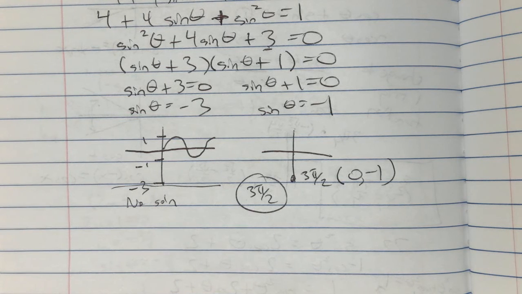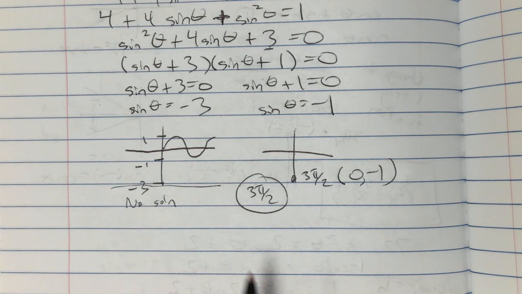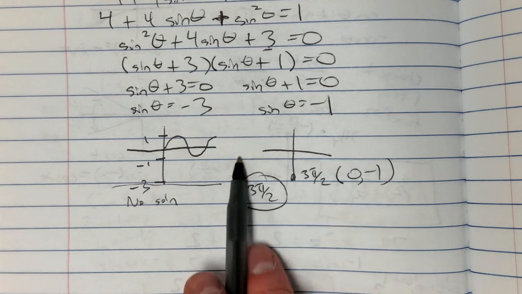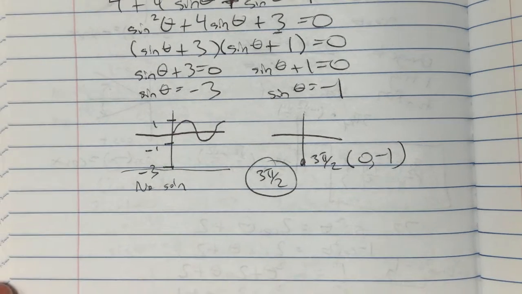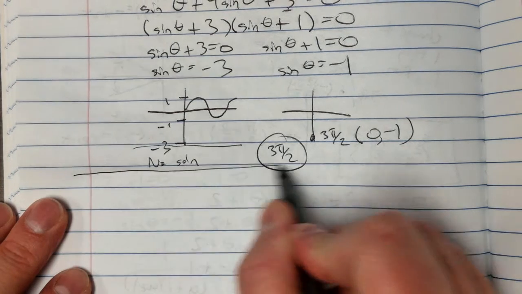So it just depends on whatever trig function you have. And if it said sine theta equals 0, then it'd be pi and 0. So again, it just depends on the question.